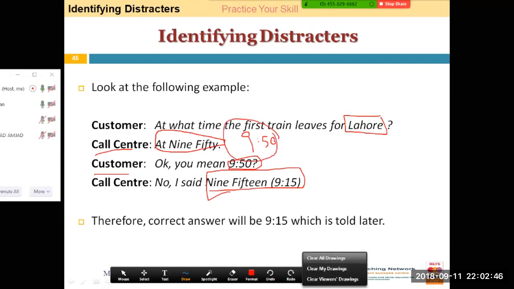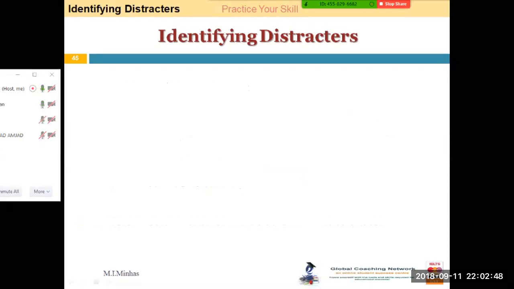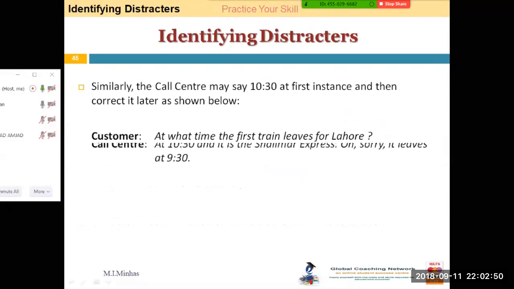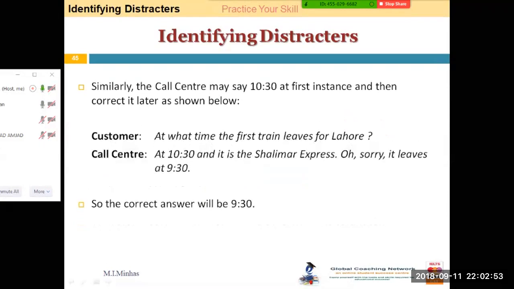Then another example. Similarly, the call center may say, well, at what time does the first train leave from Lahore? At 10:30. And you just ignore whatever is said after that, and you get busy writing the answer without listening. The call center says at 10:30, and it is so and so train.